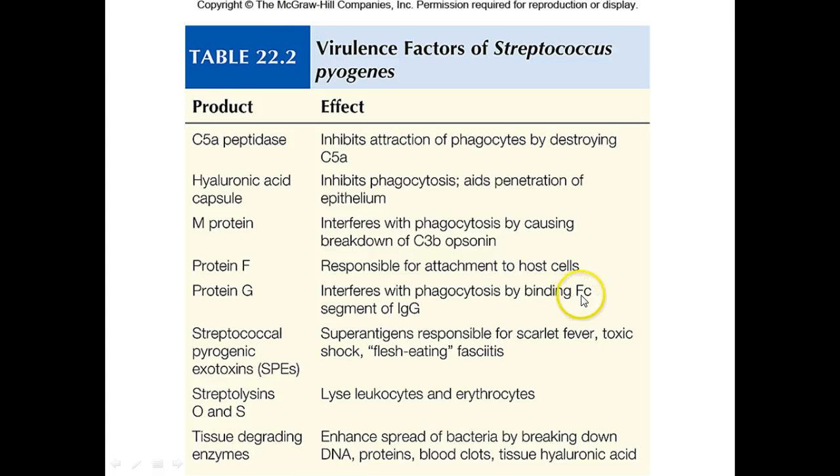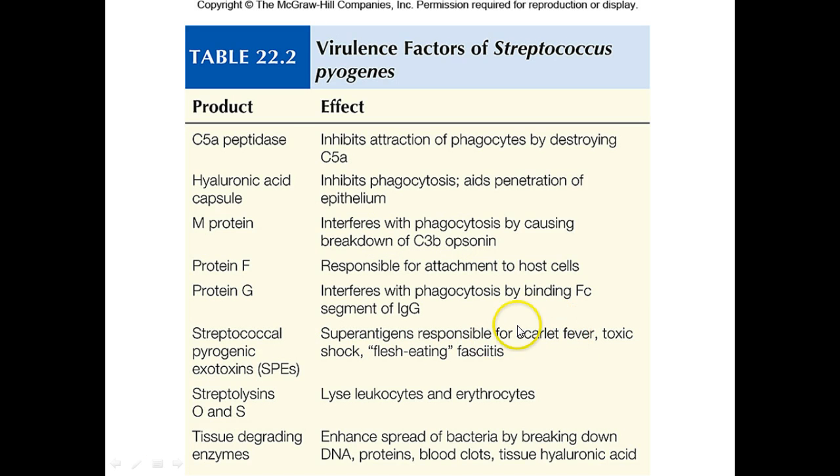They also have that Fc binding ability for our IgG antibodies. So our IgG antibodies coat these bacteria in the wrong orientation. They're grabbing onto the portion that our body would hold on to. So really mean bugs. Some of them produce exotoxins that work as superantigens.